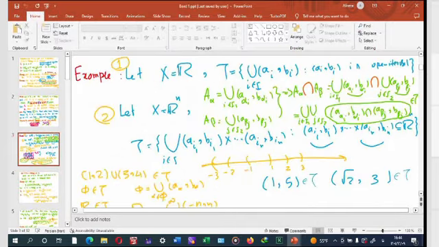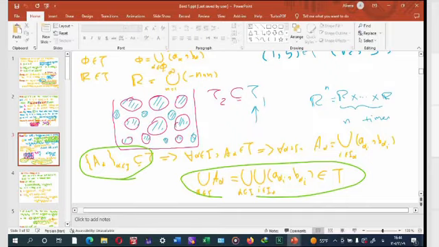And finally, for any family in tau, if we consider this family in tau, for each alpha, A alpha is an element of tau, so A alpha can be written as a union of open intervals, such as this.